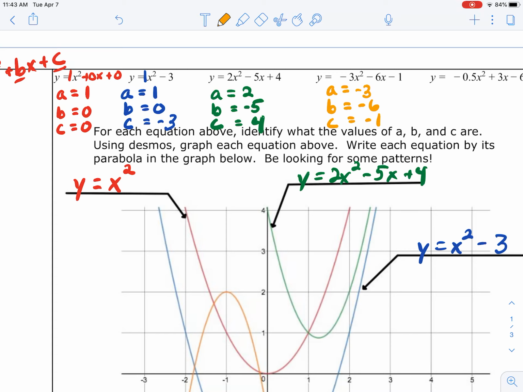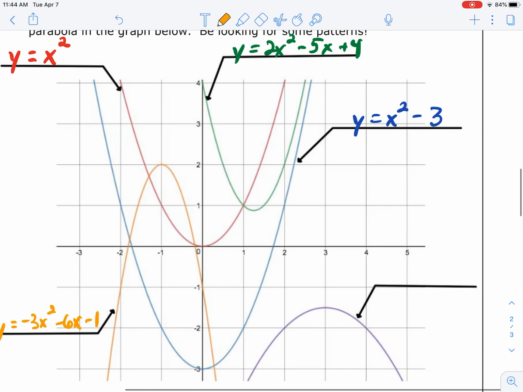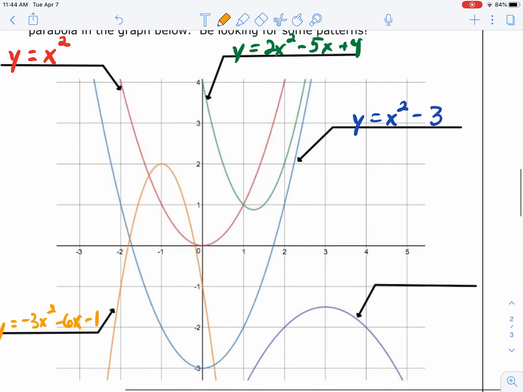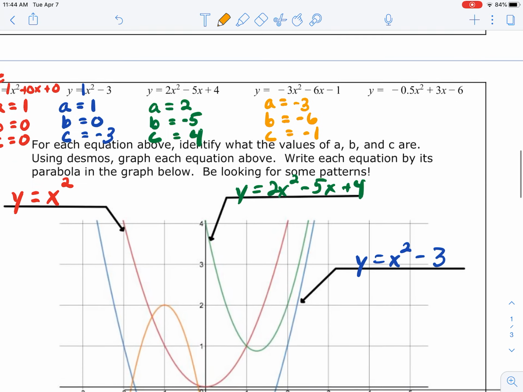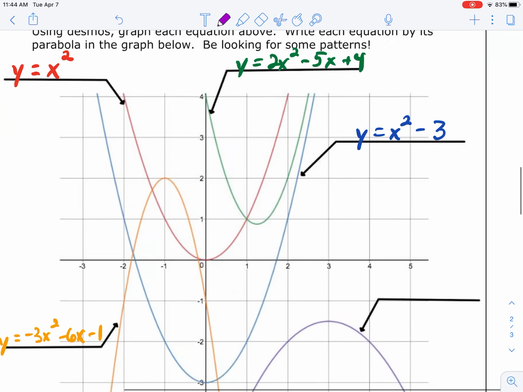I'm hoping you're starting to notice some patterns here because eventually those patterns are what we're going to fill out in the notes below. But that leaves us with one final equation here, one that we haven't talked about yet, the one down in the bottom right-hand corner, which is purple. So let's switch over to purple.